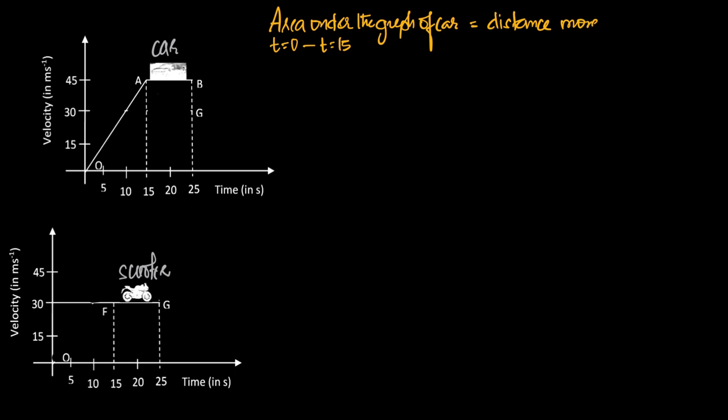See, area under the graph of the car from t equal to 0 to t equal to 15 will give you the distance moved by the car in that time.